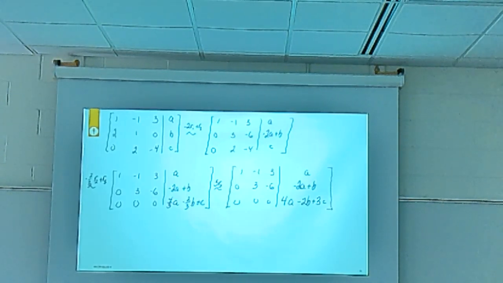We can stop. We have our condition. In order to have this in the span, we can't have that last row be 0 equals something other than 0, right? Otherwise the system would be inconsistent.